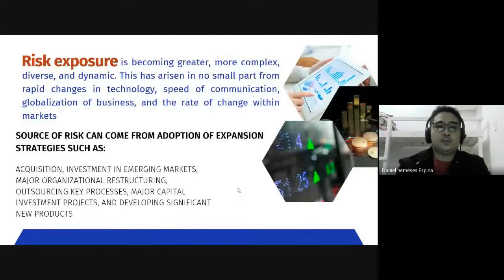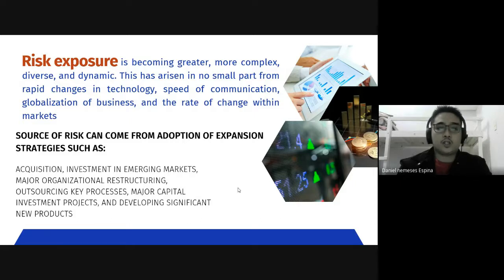So in today's businesses, the risk exposure of the business is becoming greater, more complex, diverse, and dynamic. This has arisen in no small part from rapid changes in technology, such as e-commerce, speed of communication, the globalization of business, and the fast rate of change within the markets.